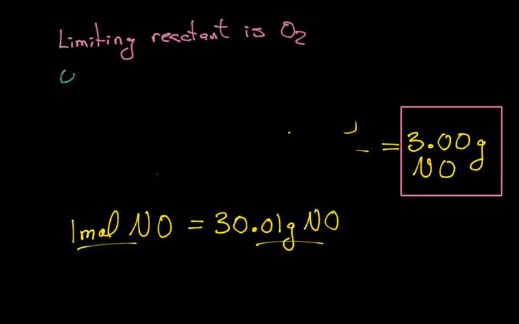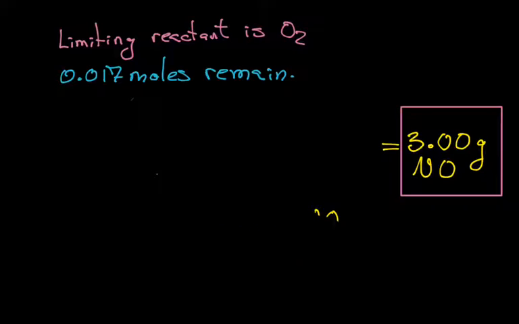So 0.017 grams of NH3. Oh, wait. Not grams. Moles remain. Now, being that everything else is in mass, we should probably go ahead and change this to mass as well. So we can do that real quick.